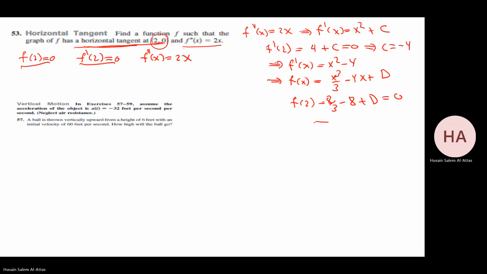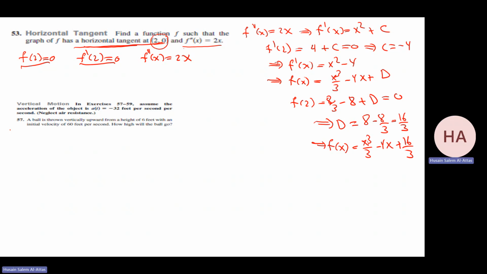D will be 8 minus 8 over 3. 8 is 24 over 3 minus 8 over 3. That will be 16 over 3. So my function will be x cubed over 3 minus 4x plus 16 over 3. Okay.